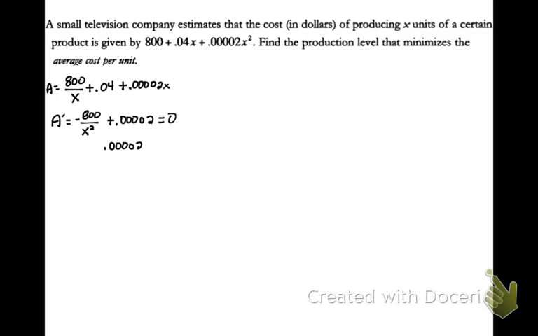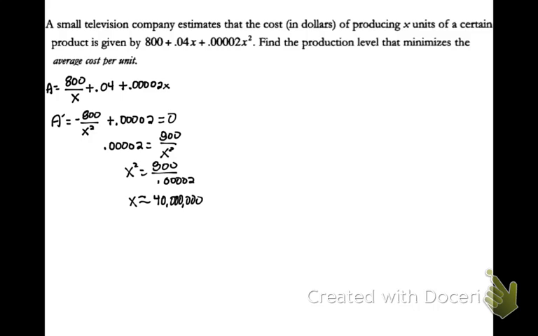So, going through and solving for x, we will find that x is about 40 million. So if this company makes 40 million units, then we'll minimize the average cost per unit.